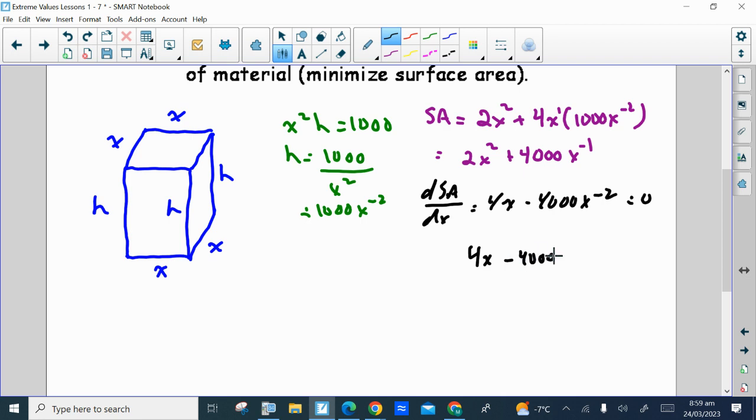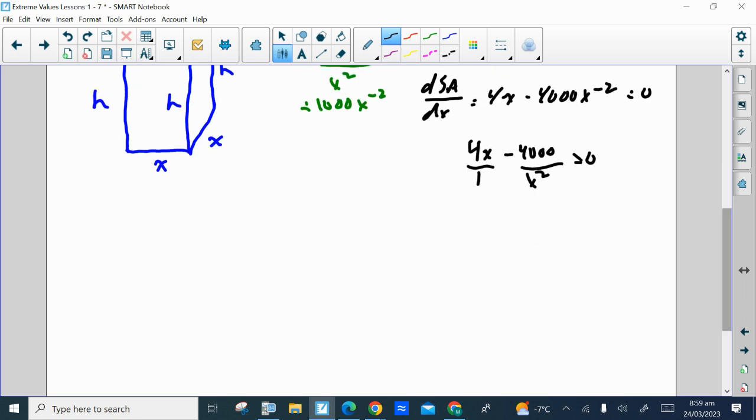So 4x minus 4,000 over x squared equals 0. Our common denominator would be x squared, so we'd multiply top and bottom of that first term by x squared, which would give us 4x cubed minus 4,000 all over x squared equals 0. And a rational function equals 0 when the numerator equals 0. So that'll be where 4x cubed minus 4,000 equals 0.